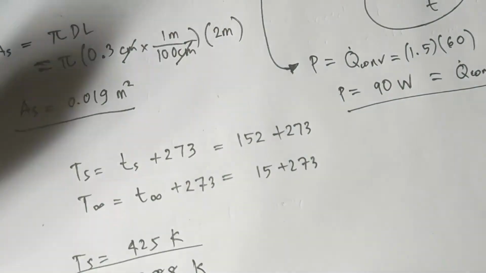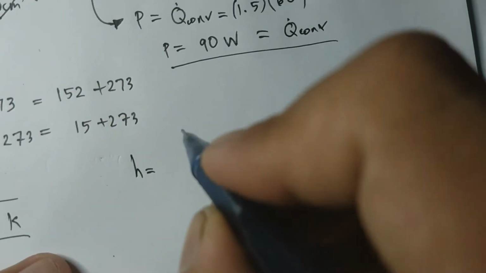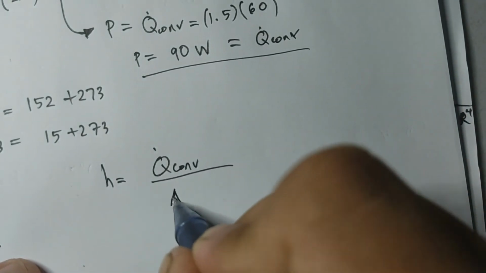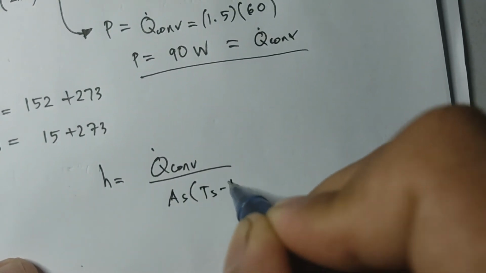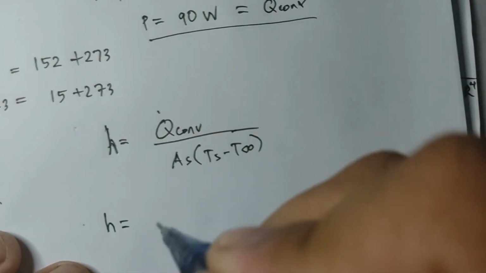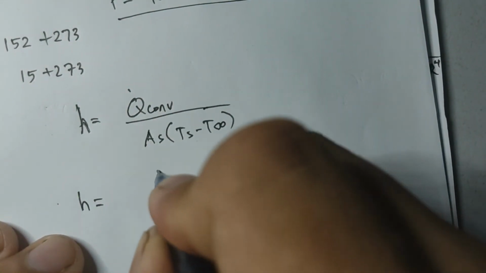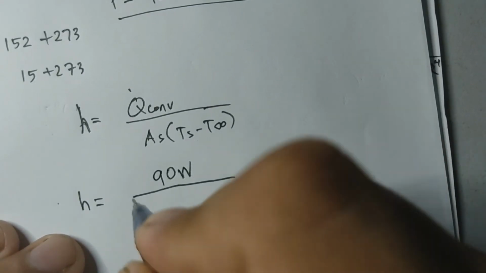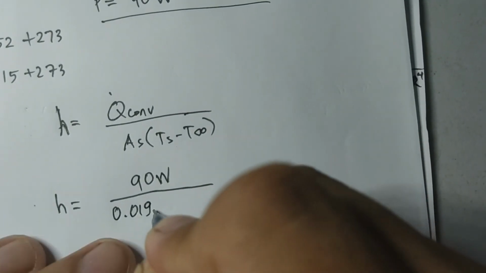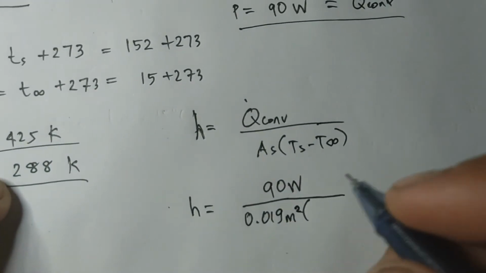So, isolate na natin. Solve na natin. So, inihingi ang convective heat transfer coefficient or H. Balikan natin. Q convection over A sub S times T S minus T infinity. Convection 90 watts. Surface area, delta T nito, minus mo lang itong dalawa.